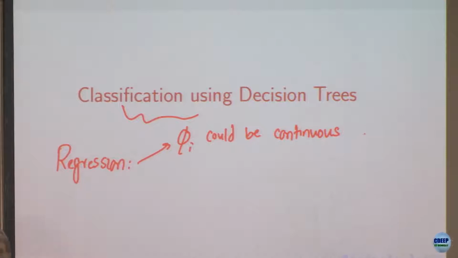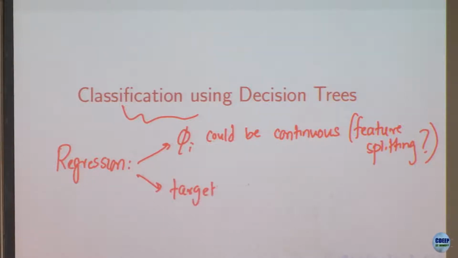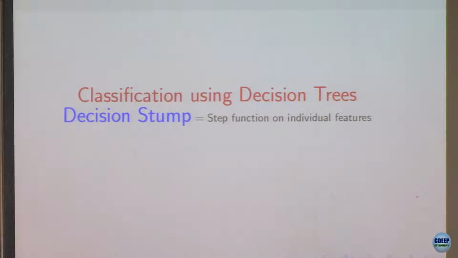So when you talk of feature splitting, what does that mean? And the other is that the target, the dependent random variable, is continuous. Let me now set up some more notation, and begin with the simplest idea called a decision stump.